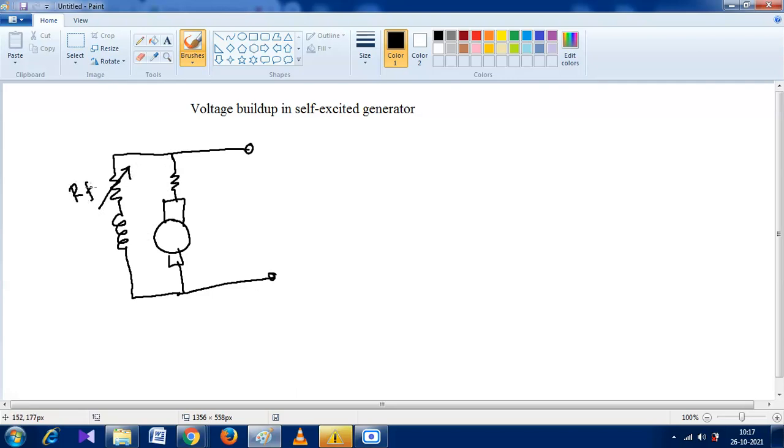Three. What are these? Series, compound, and shunt. And which type is this one?